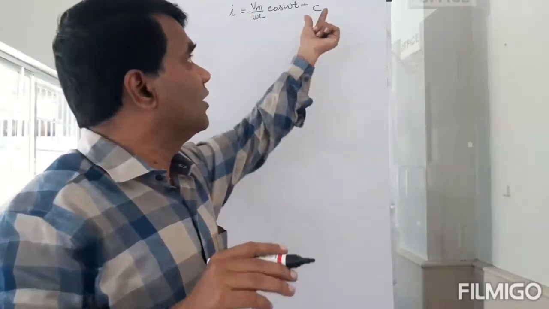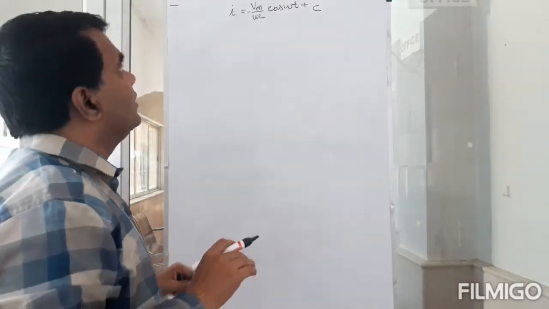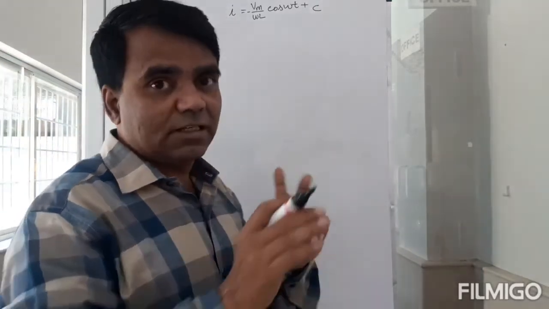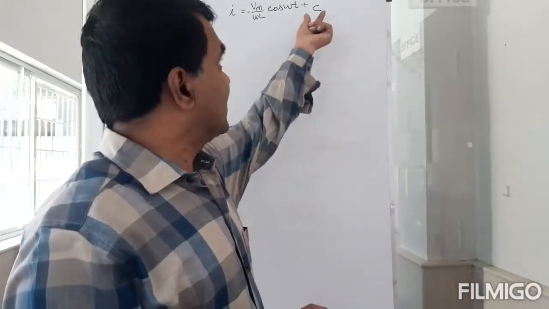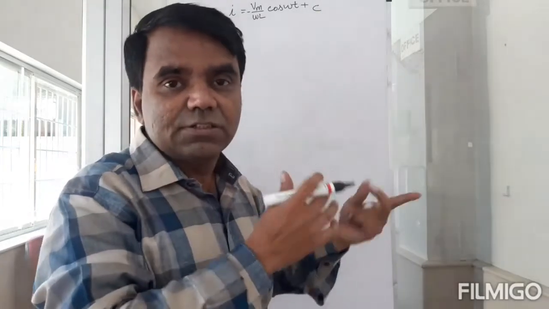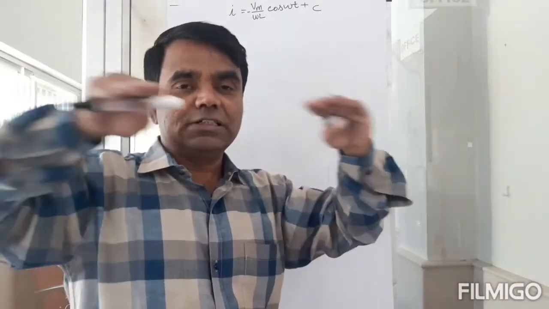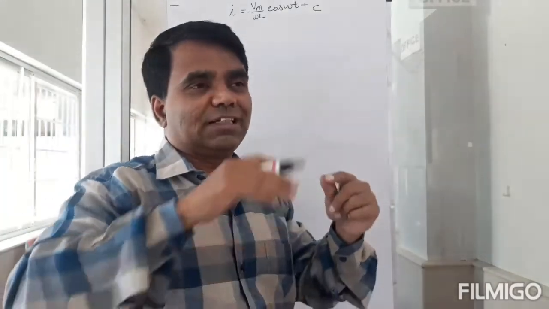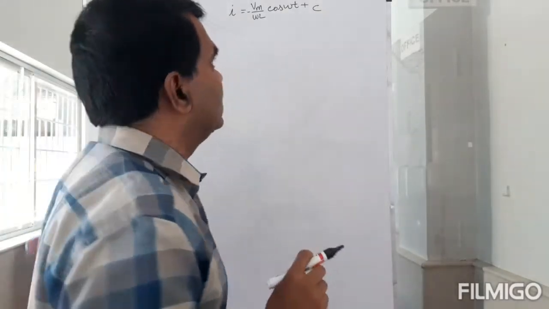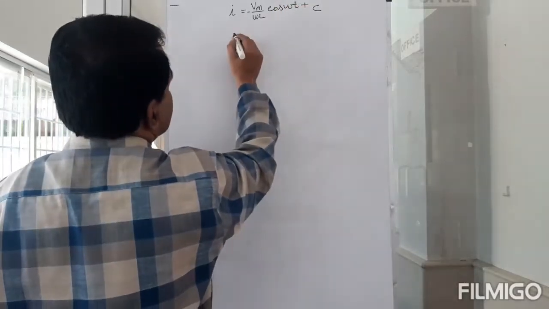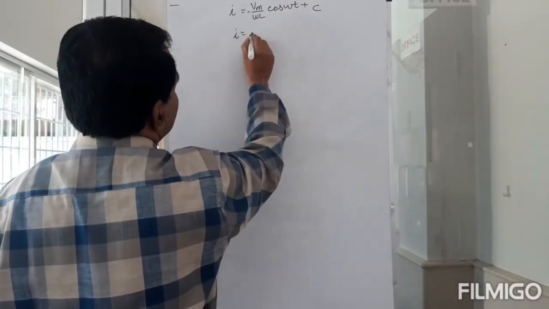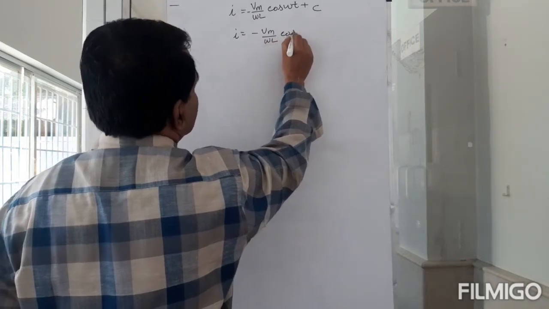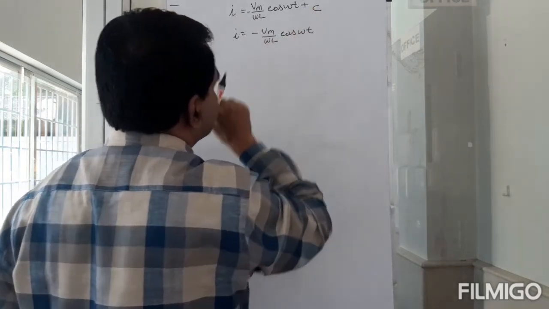So the constant value would be 0. If you require any further clarifications on this, then I'll do it separately. But take it that this constant must be 0 because it is oscillating with 0 as its center. So there is nothing that is getting added to it. So I is equal to minus Vm by omega L cos omega t, because the constant is 0.